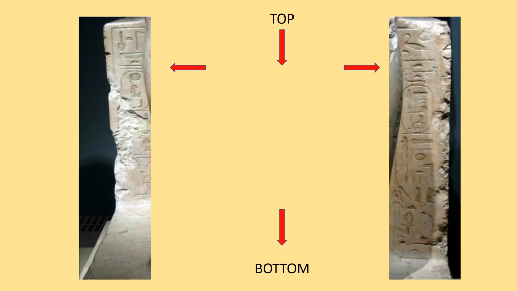So as we read Medu Neter, we must take into account the directions from which we have to read. One section of text is read from left to right, while the other section is read from right to left. Both are read from top to bottom, and in all cases, we read into the face of the animals or the humans or the nature.